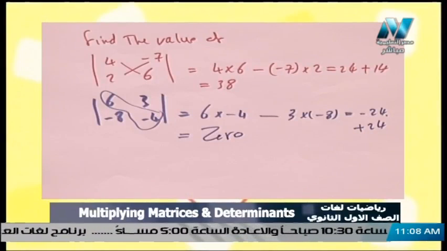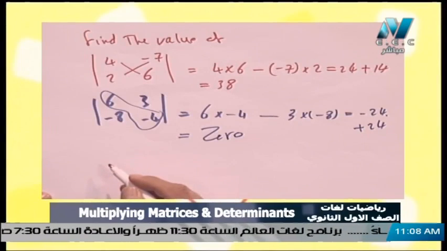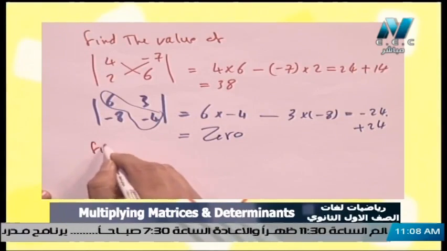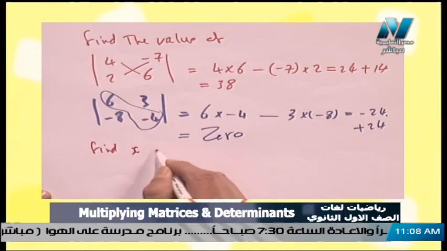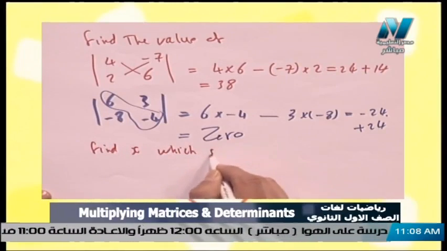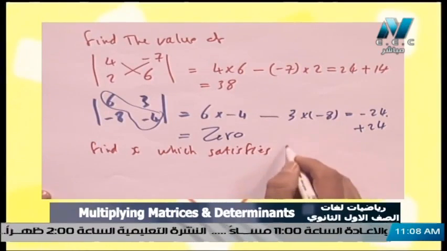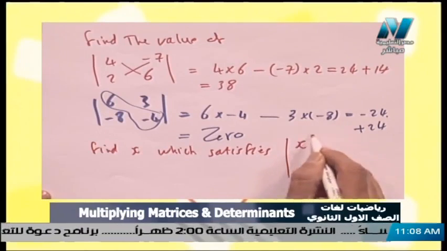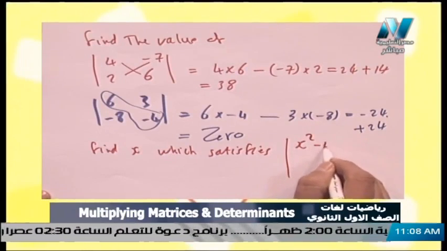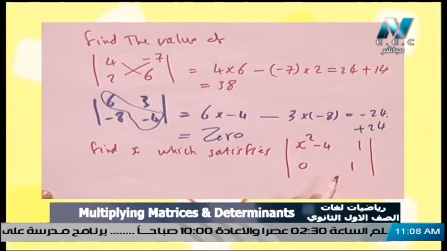Okay, we have some other questions here. Find the value of x which satisfies the determinant x power 2 minus 4, here 1, 0 and 1.